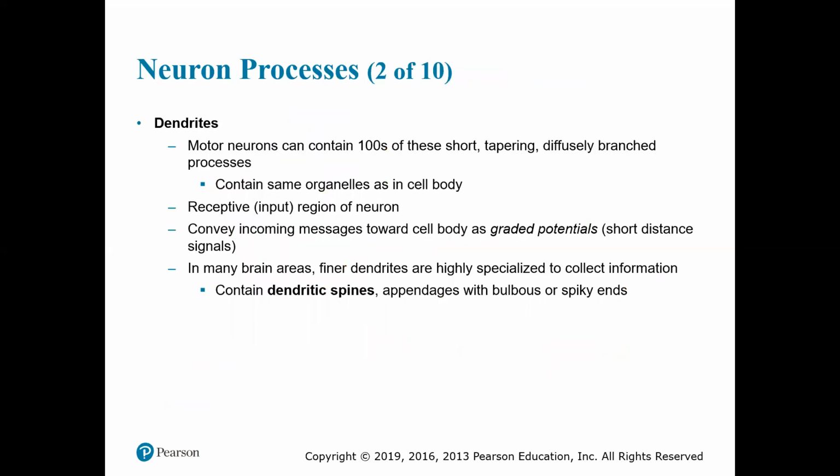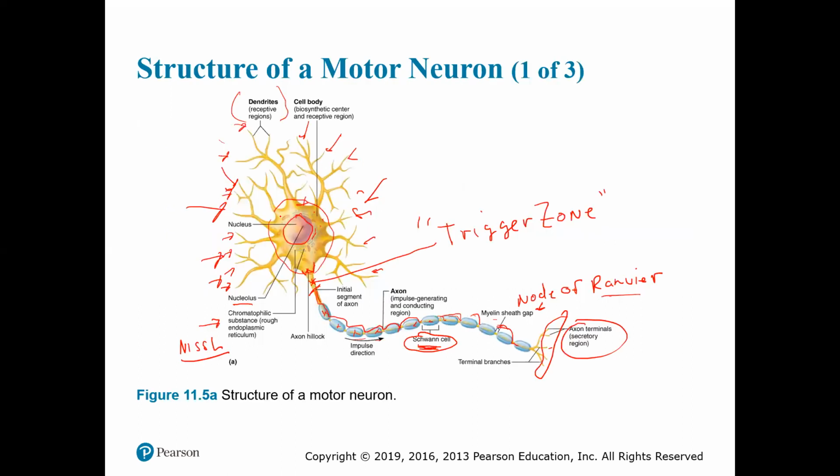Okay, so let's take them one at a time. Dendrites, again, dendritic means tree-like, like branching. So motor neurons, again, have hundreds of these for reception from one neuron to the next. And they're branched, of course. And sometimes you have some organelles in the dendrites as well, like the mitochondria. The neuron didn't mention the mitochondria, but there's mitochondria everywhere in here. Or maybe they did, I missed it.